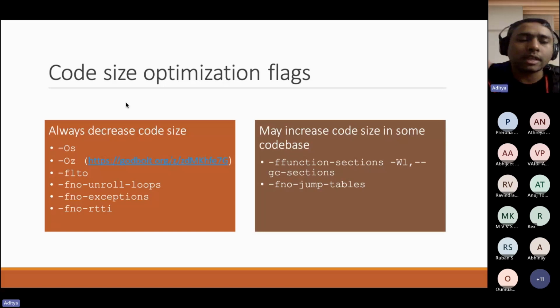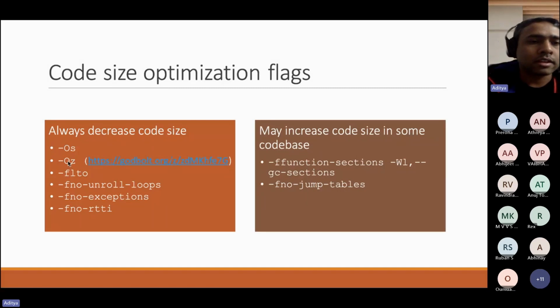It will still reduce the code size as much as possible. So Os is very safe to try on any code base. So pretty easy, right? You don't have to do anything. Just add this to your C flags, C++ flags, linker flags, and you're pretty good.